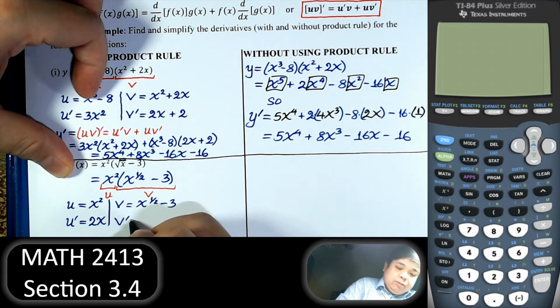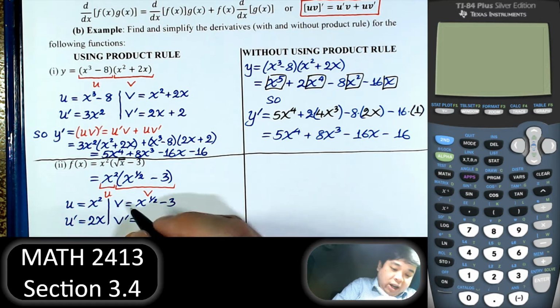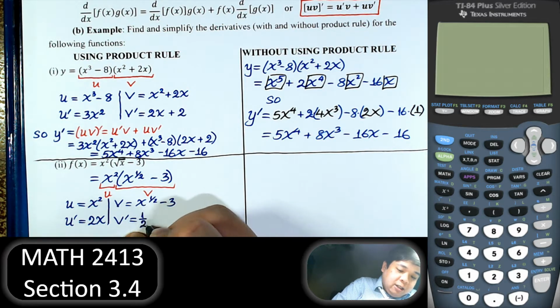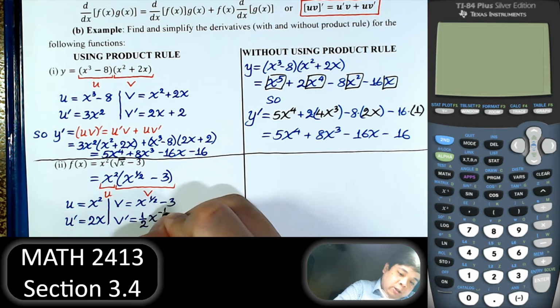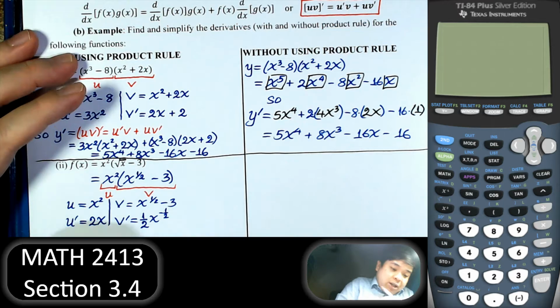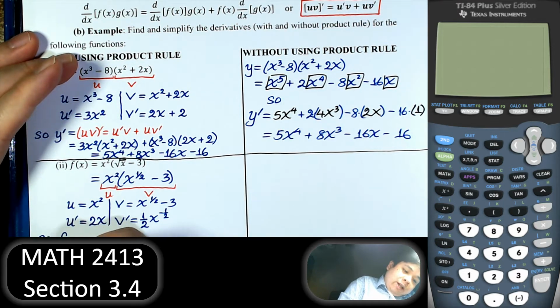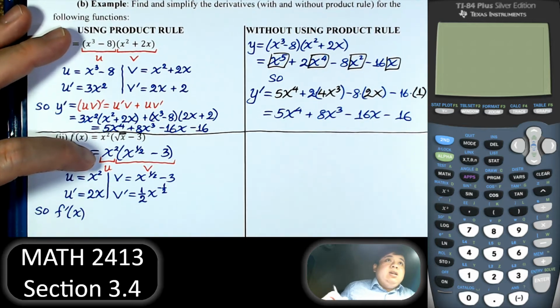For v prime, the derivative of x to the 1/2 is 1/2 x to the original power 1/2 minus 1, and 1/2 minus 1 is negative 1/2. The derivative of 3 is a constant, so that will be 0. So that's what we have. The derivative of a product will follow by the product rule.